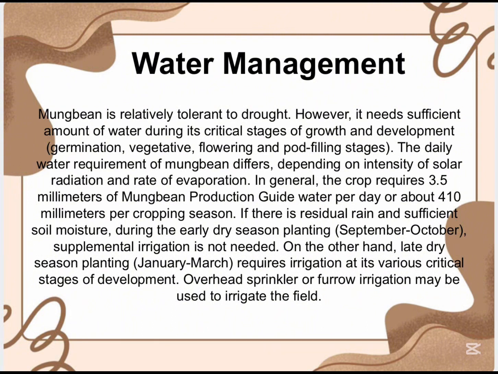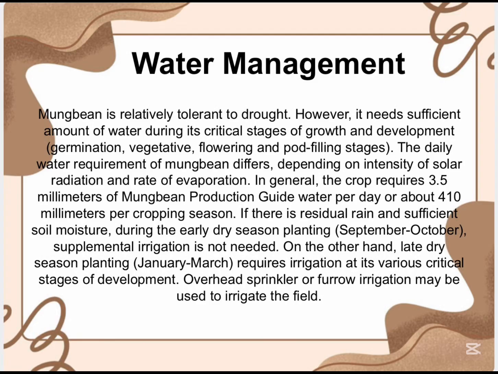In general, the crop requires 3.5 mm of water per day, or about 410 mm per cropping season. If there is residual rain and sufficient soil moisture during early dry season planting, supplemental irrigation is not needed. On the other hand, late dry season planting requires irrigation at its various critical stages of development.